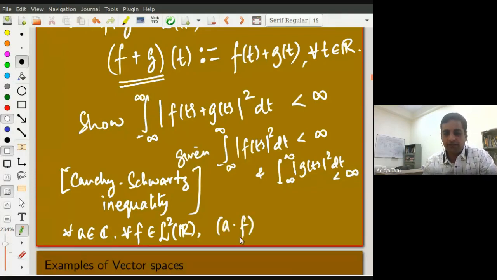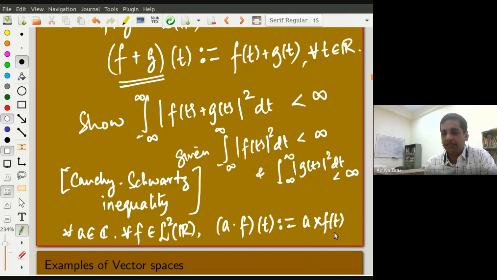A dot f is a function which at the real number value t is defined as this. f at t is the value of the function at time t multiplied by the complex number a.